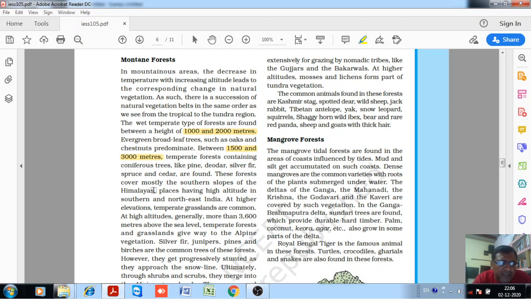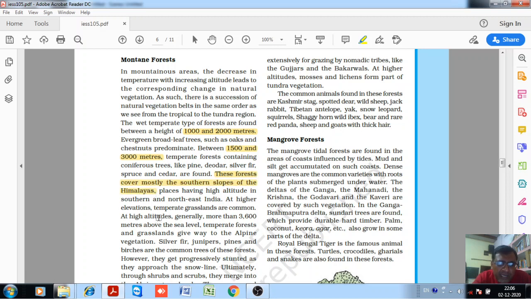So these forests cover mostly the southern slopes of the Himalayas. Why southern slopes of the Himalayas? Because the southern slopes of the Himalayas experience the sunlight.